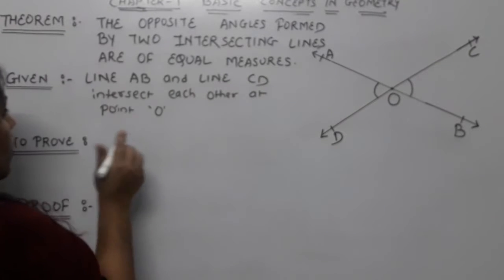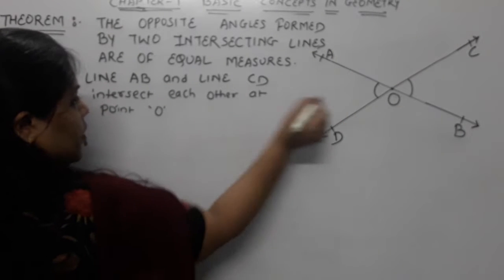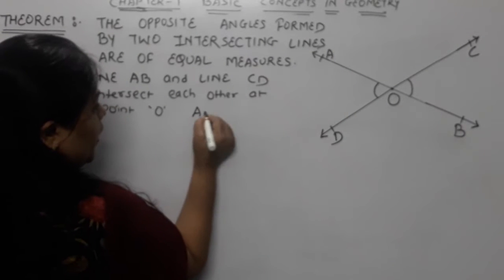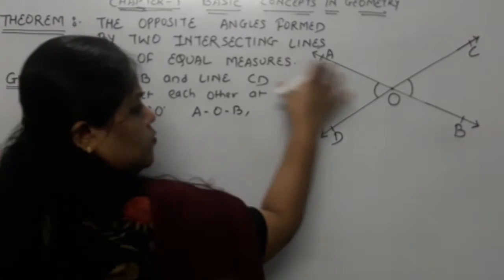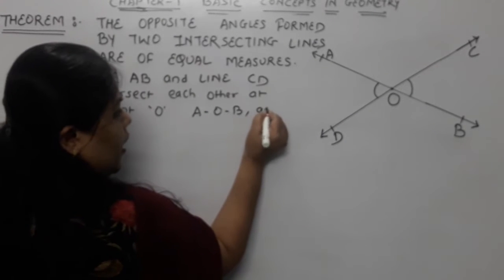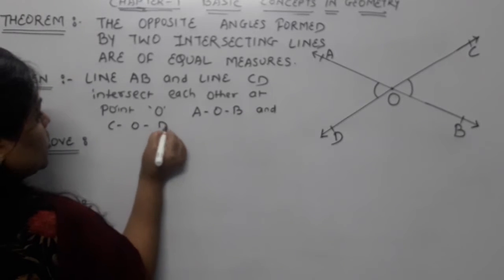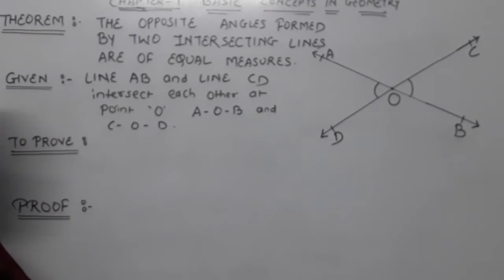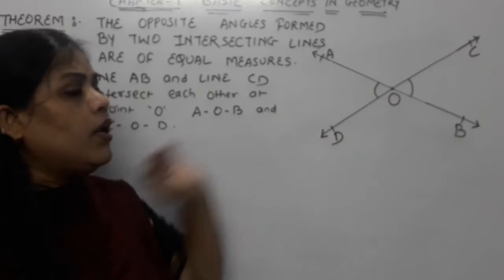Right? Now, if these are the intersecting lines, how are they formed? By A-O-B. This is the betweenness: O lies between A and B. Same way, you can write C-O-D. Now what you have to prove is the opposite angles are equal in measure.